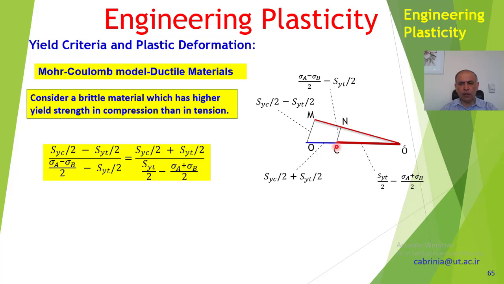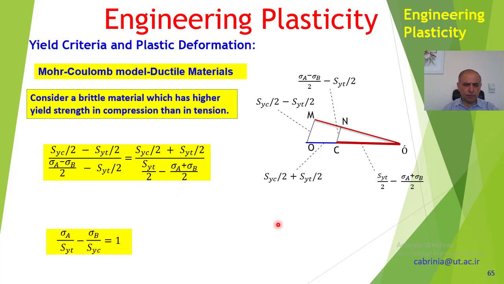Therefore, we can write, for instance, Cn over OM is equal to O prime C over O prime O. So we can write these similar triangles. For instance, OM to O prime is equal to Cn over O prime C. So just by playing with the denominator and numerator, we get these values.